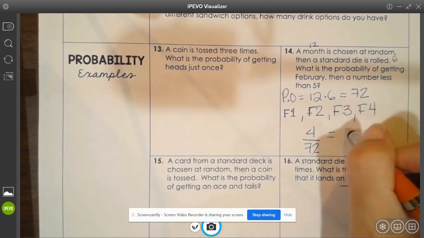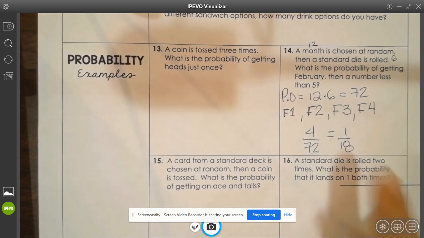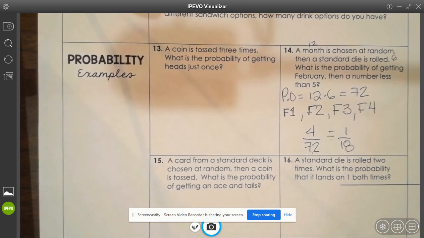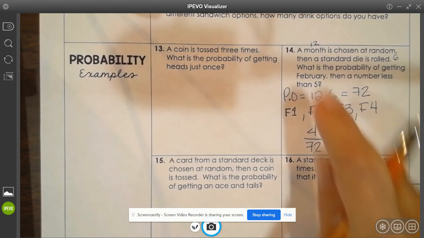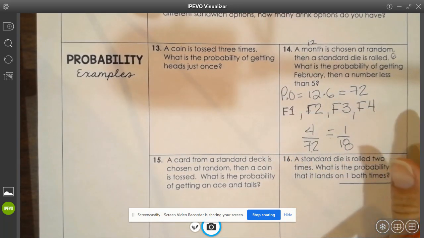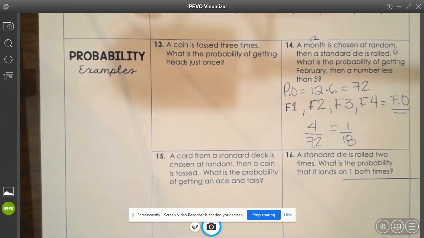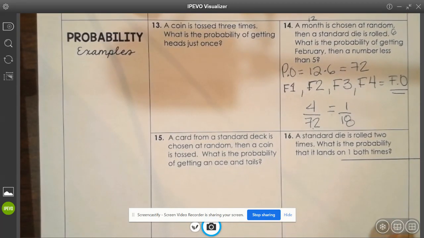You divide by 4, that's 1 over 18. Simplify the fraction. All right, so first you find the possible outcomes, then find the favorable outcomes.